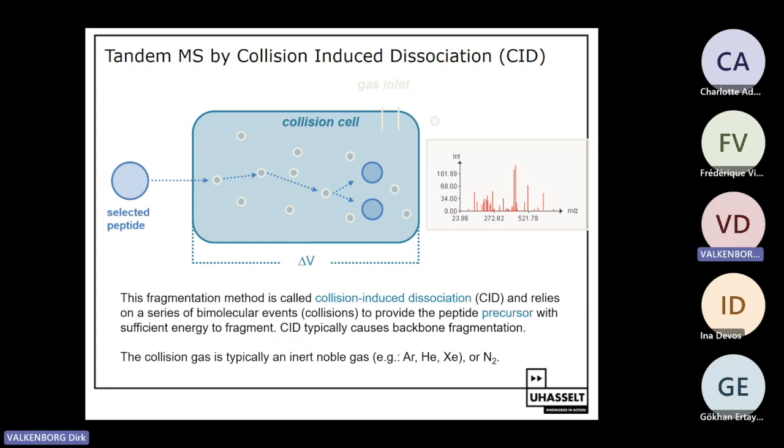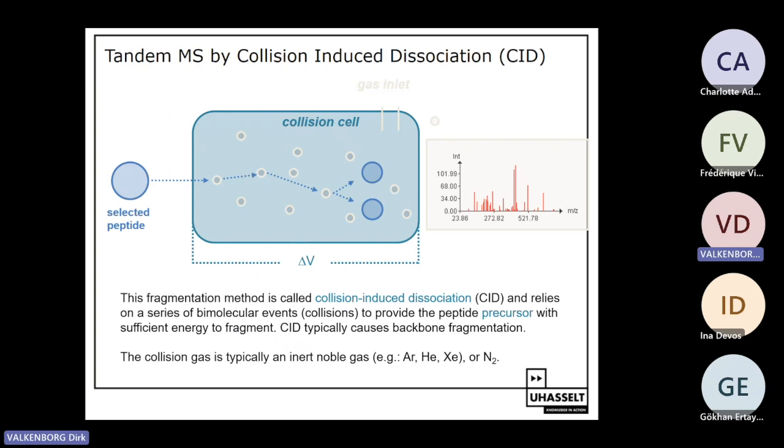Now, interesting to know that such a peptide can break at several positions. Typically, it will break at the peptide bond, so it will behave very nicely in CID. It will always break at the peptide bond, and that is the connection between two consecutive amino acids. So, for example, consider again the peptide Dirk, D-I-R-K.